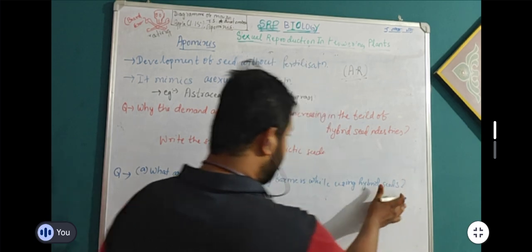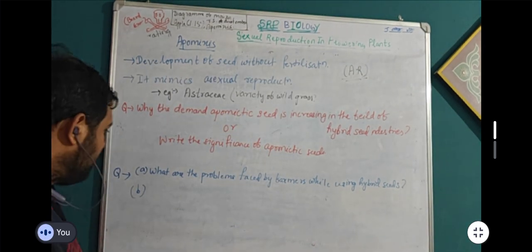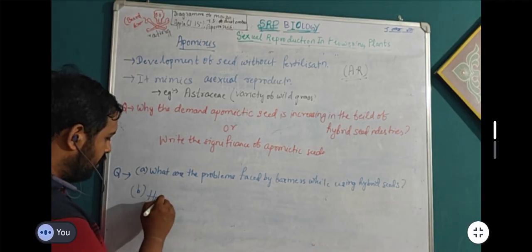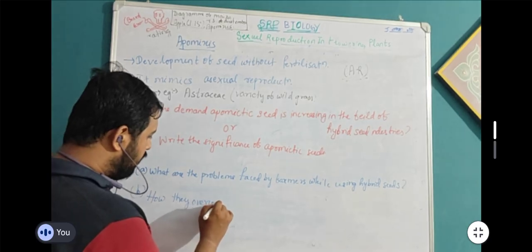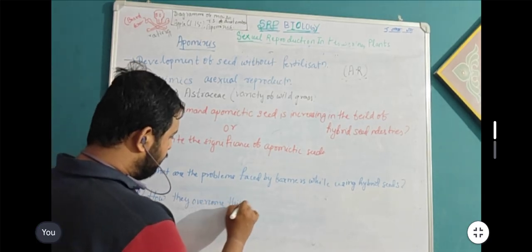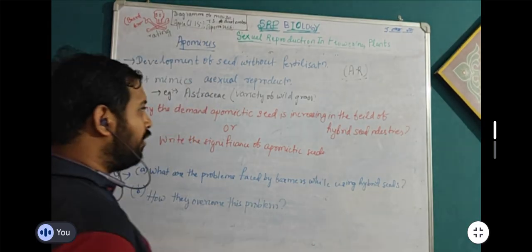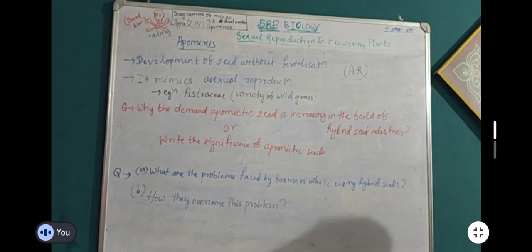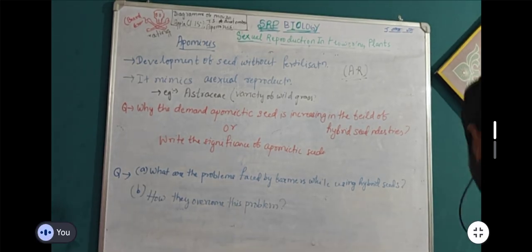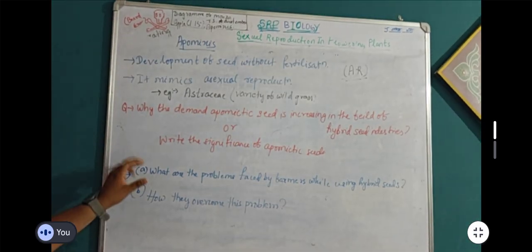It is an indirect question of apomixis. The question may also be asked: how do they overcome this problem? These can be asked in many different formats, but if you know the answers to these two questions, you will find the answer to any type of question related to apomixis. First is the definition. Now let us discuss this portion.